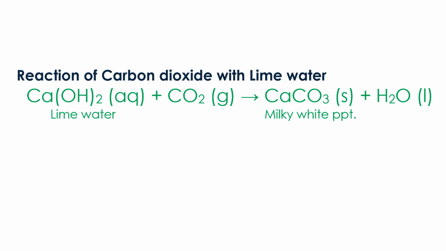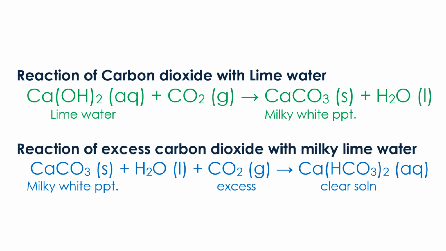However, as more of the gas is bubbled through the lime water, the reaction proceeds further, and the insoluble calcium carbonate now begins to react with the excess carbon dioxide to produce calcium bicarbonate, which, unlike calcium carbonate, is soluble in water. This is the reason why the milky lime water eventually turned clear and colorless again when excess of carbon dioxide gas was bubbled through it.